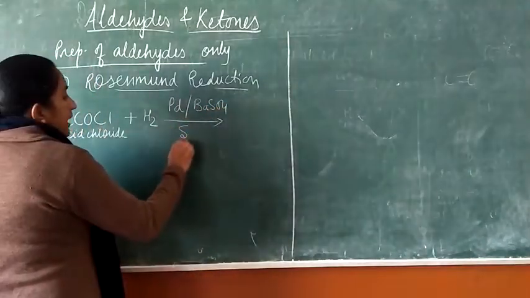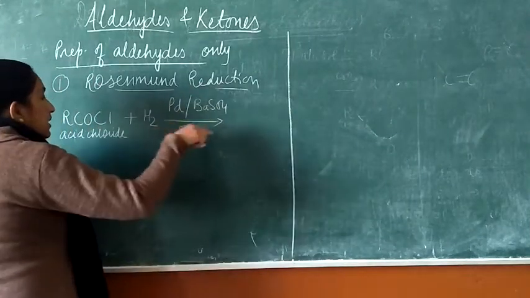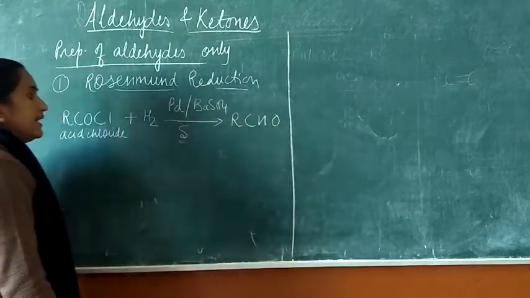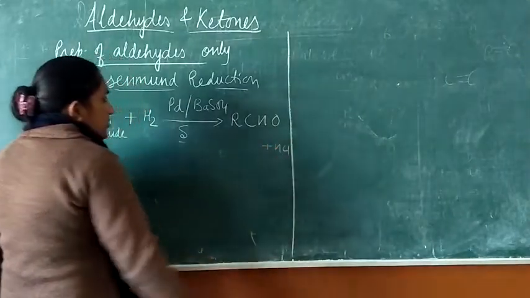Don't forget to write down the sulfur. It is acting as a poison for this catalyst. So we will get RCHO, aldehyde is formed, along with HCl.